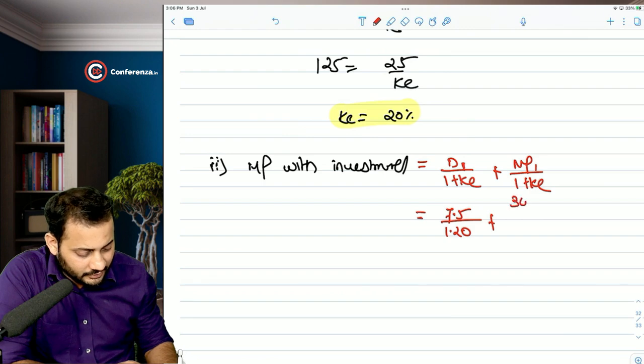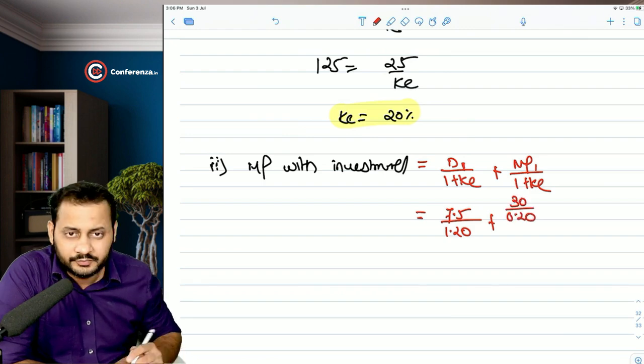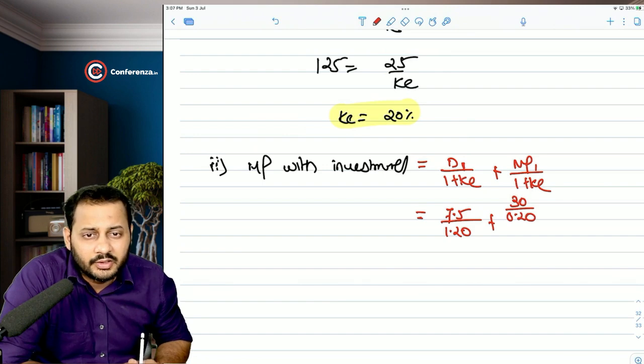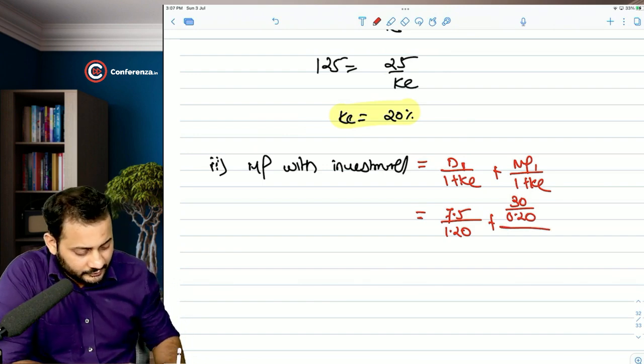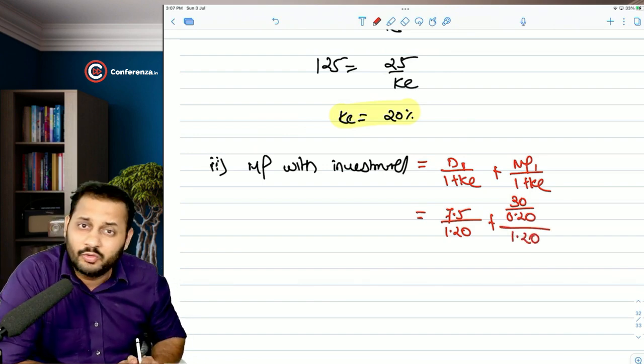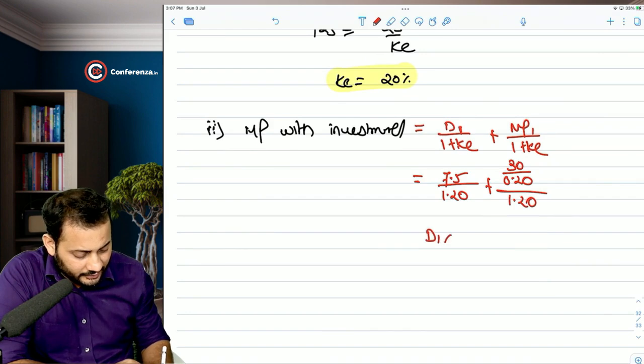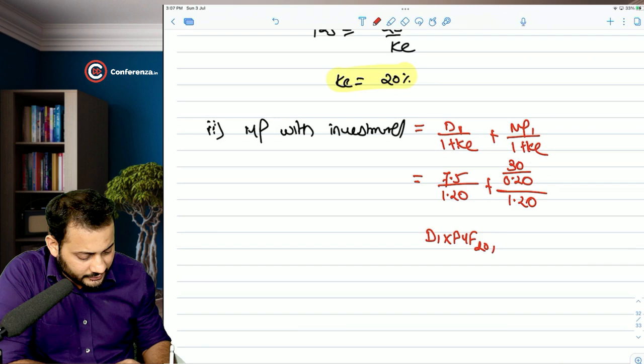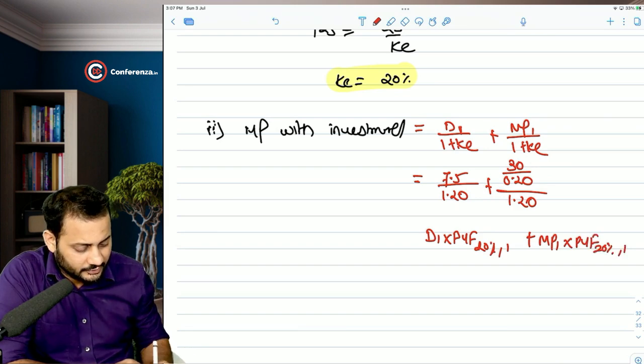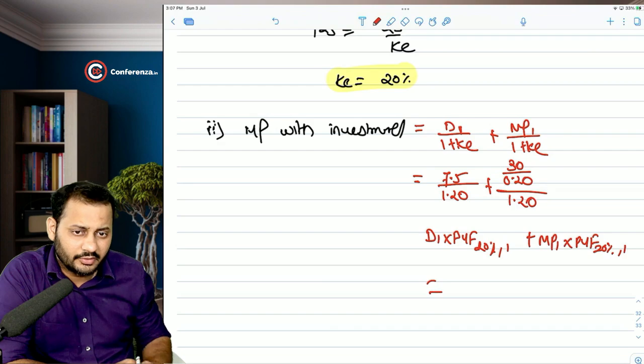MP1 is nothing but 30 divided by 0.20, dividend divided by cost of equity, divided by 1.20, discounting by the first year, if you can understand this. Or you can write it like this: D1 into present value factor for first year at 20% plus MP1 into present value factor at 20% for first year. So in this manner also you can calculate and you will get the answer.